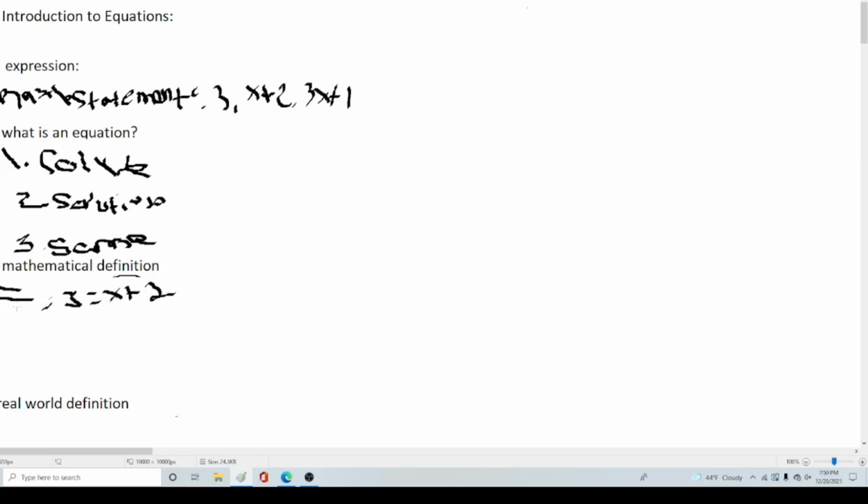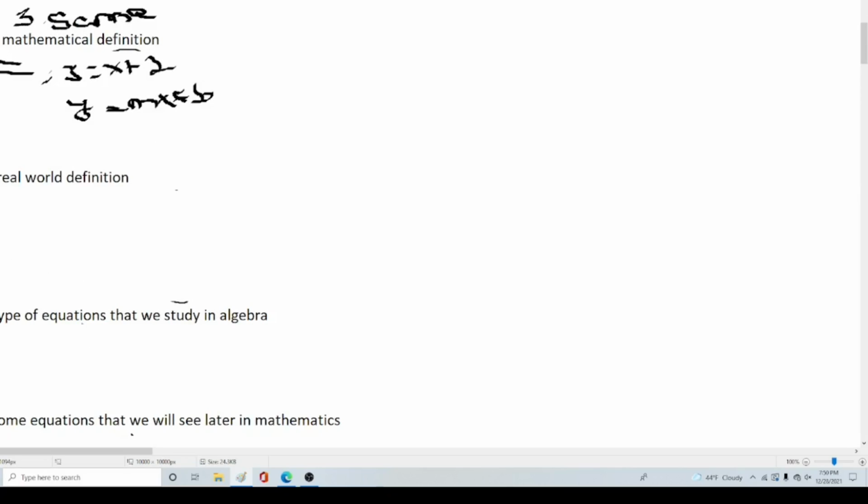So what this says is that a number plus 2 has to add up to 3. And we get more sophisticated with them. Some of them that you see is like y is equal to mx plus b.